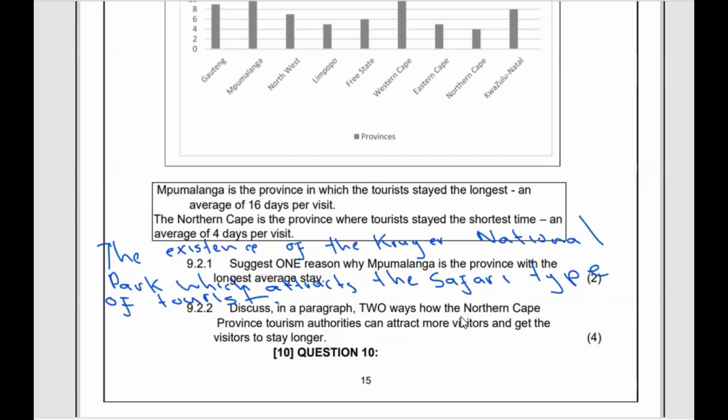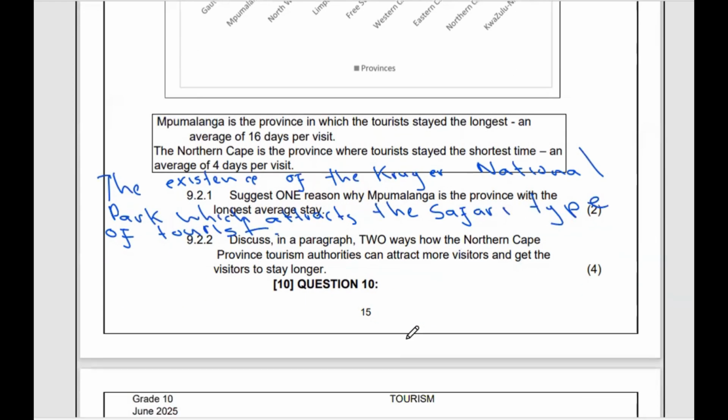So discuss in a paragraph two ways in which the Northern Cape province authorities can attract more visitors and get visitors to stay longer.